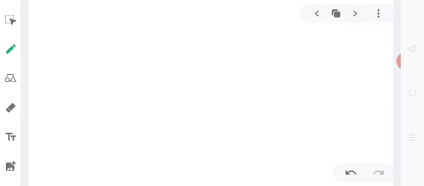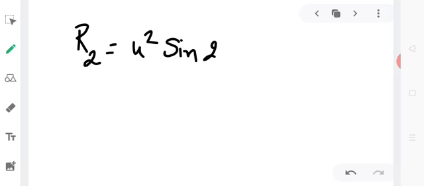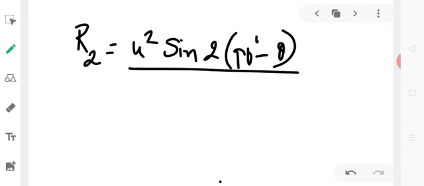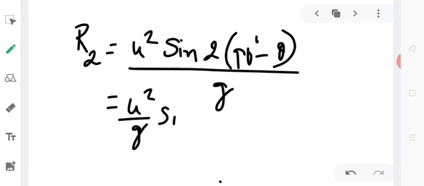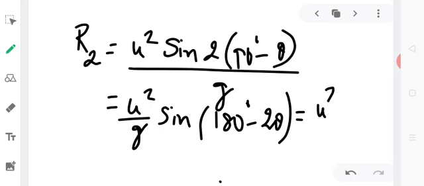When an object is projected with velocity u making angle 90 minus theta, then r2 is u square sine of 2 into 90 minus theta by g. So on solving you get u square by g sine of 180 degree minus 2 theta, and that is further equal to u square by g sine of 2 theta.